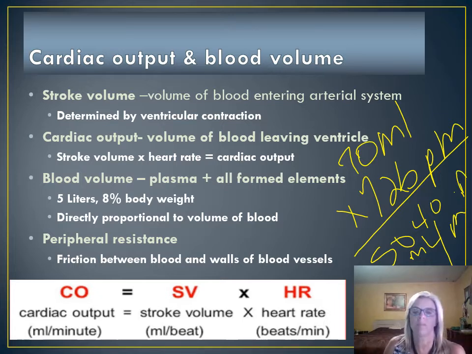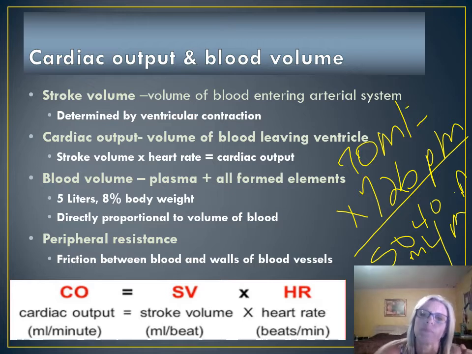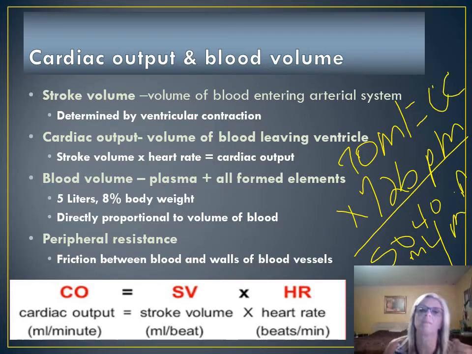So it's just a basic multiplication there. But you want to make sure your units are correct. Milliliters are equal to cubic centimeters, remember cc's. Blood pressure is going to vary with cardiac output. If stroke volume or heart rate increase, so will cardiac output and vice versa. All right, so that's a direct relationship.